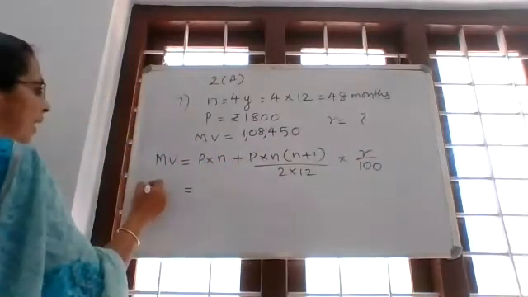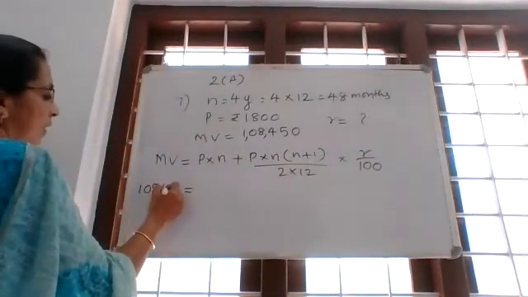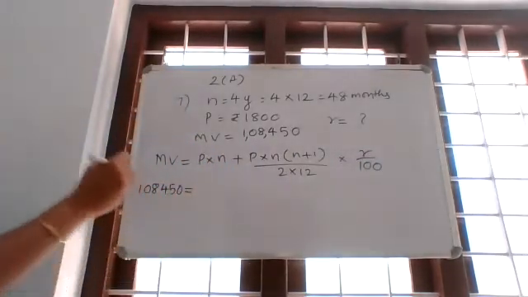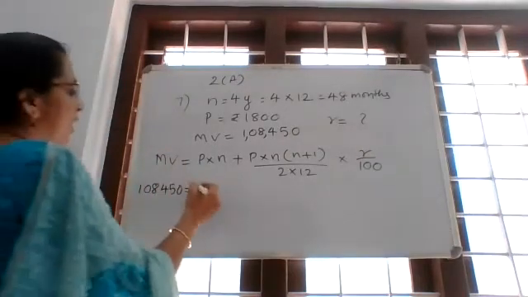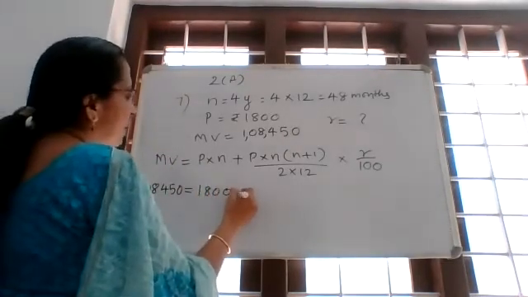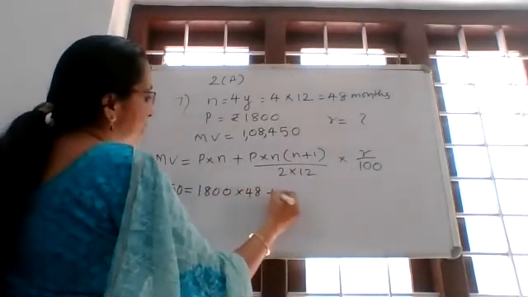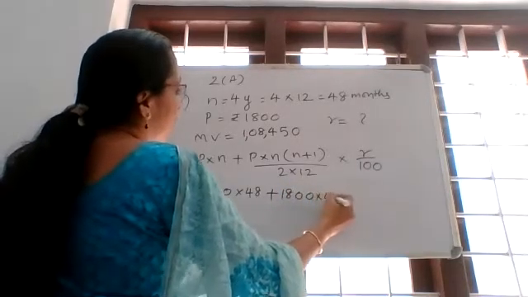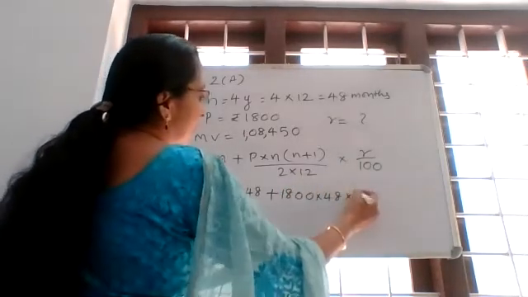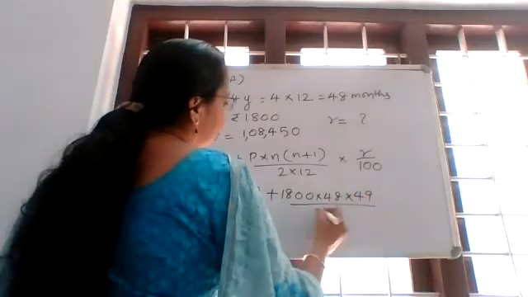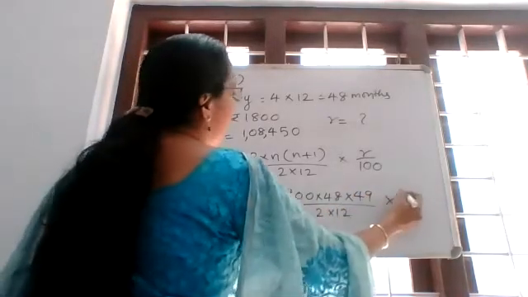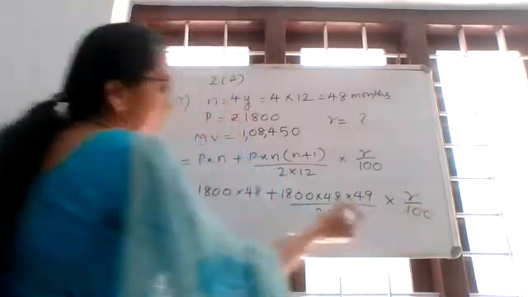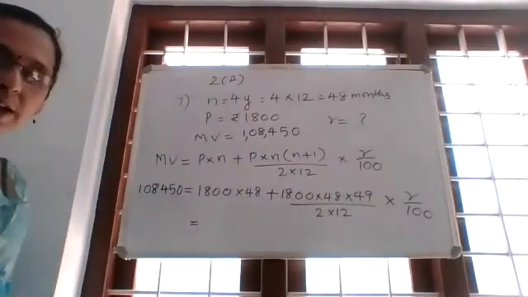So 1,08,450 is equal to 1,800 into 48 plus 1,800 into 48 into 49 divided by 2 into 12 into R by 100. R we don't know. So do the calculation.